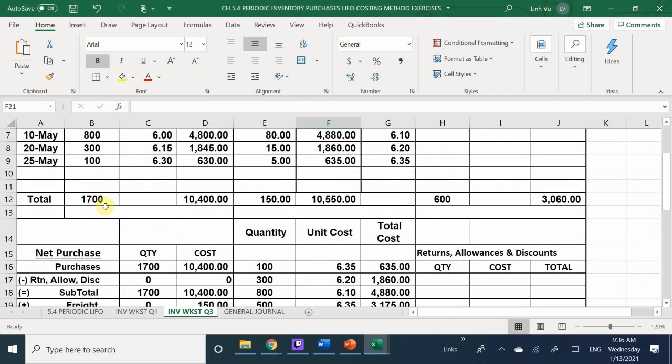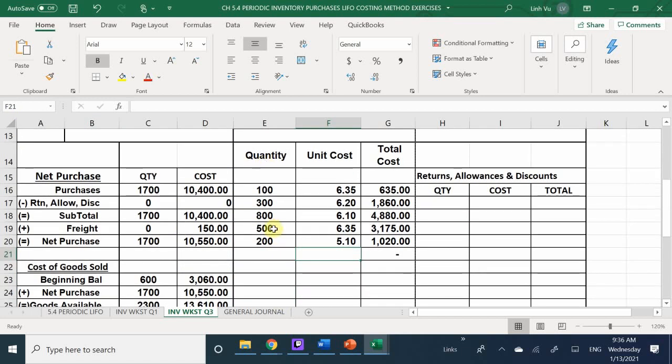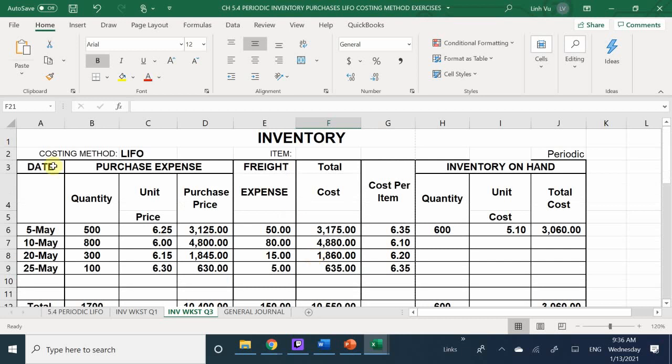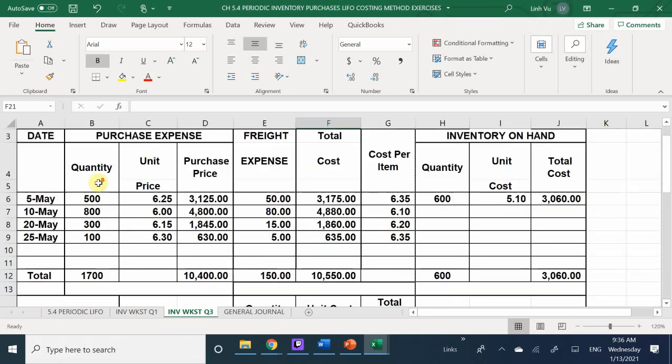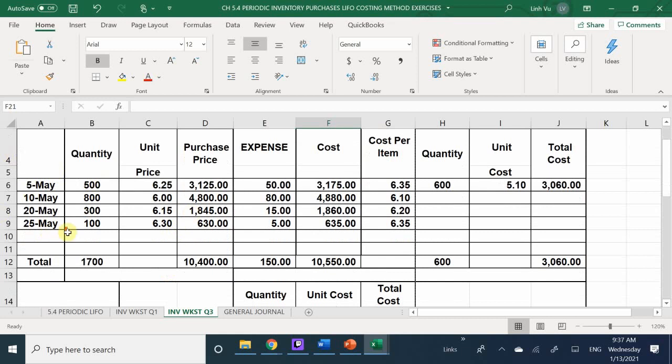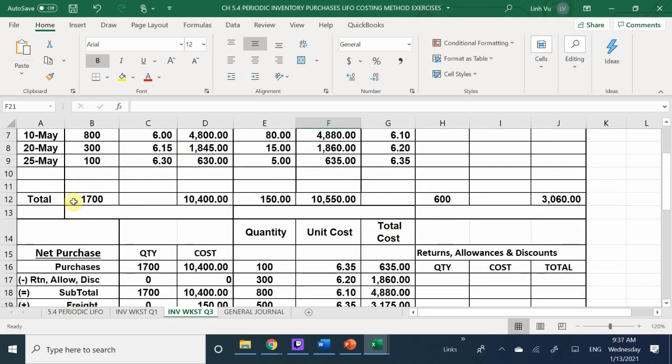So I could have just easily taken this whole batch here without having to break it down one item at a time, because I know I got rid of this entire net purchases, right? I got rid of this whole thing because everything I bought was only 1,700 items. I sold a total of 1,900, okay?